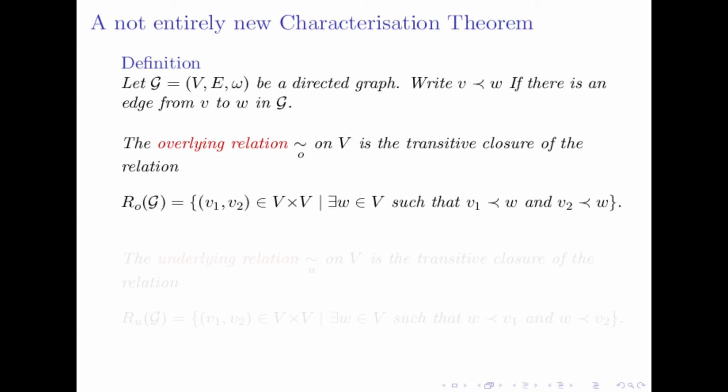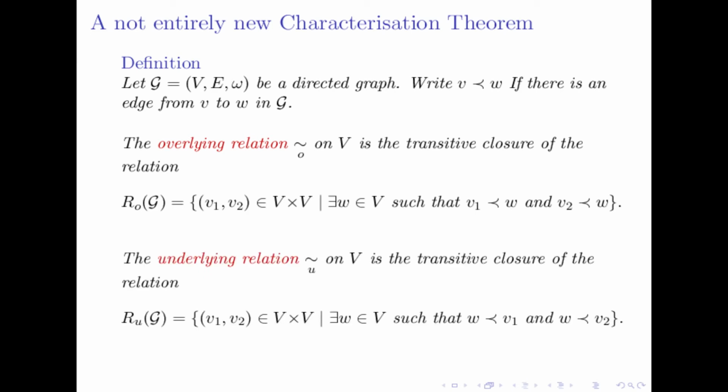So the overlying relation on V is the transitive closure of the relation V1, V2 are in the relation if there exists some W in V such that V is less than W and V1 is less than W and V2 is also less than W. Okay? The underlying relation on V is the dual thing, the transitive closure of the relation V1, V2 in the relation if there is a W such that W is less than V1 and W is less than V2.